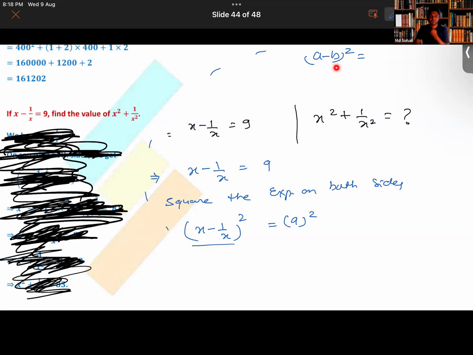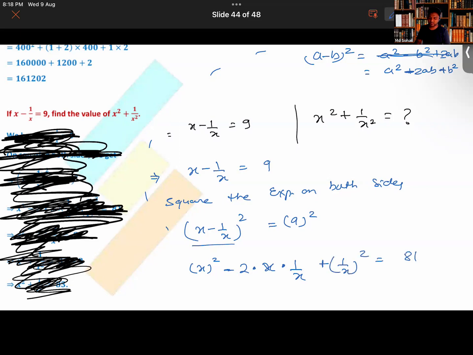So do the same thing with this one: x square minus 2 into x into 1 upon x, plus 1 upon x whole square, equals 9 square, that is 81.